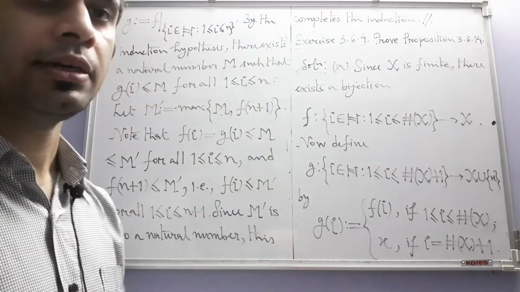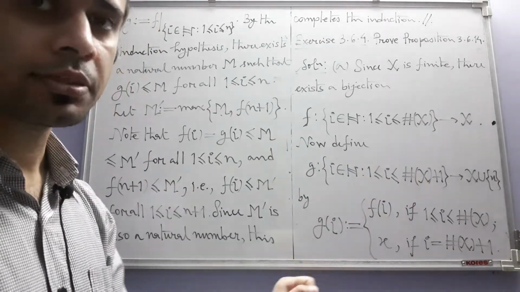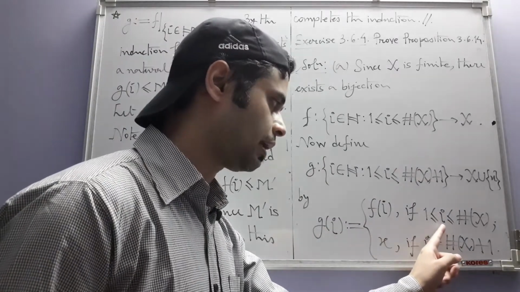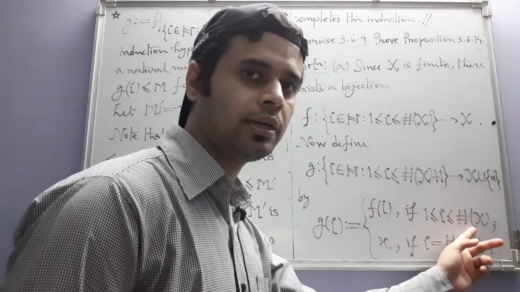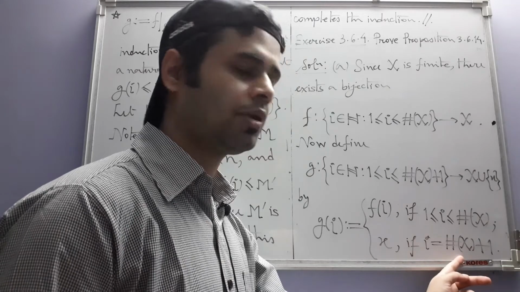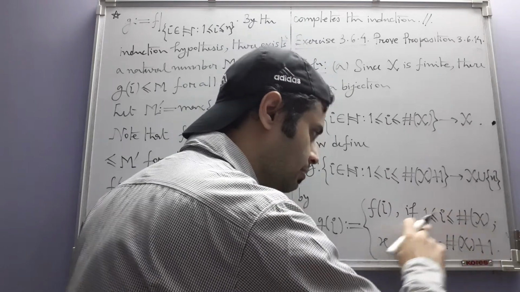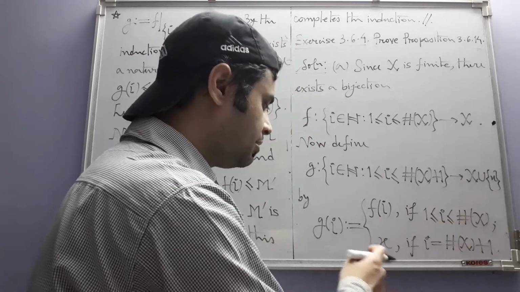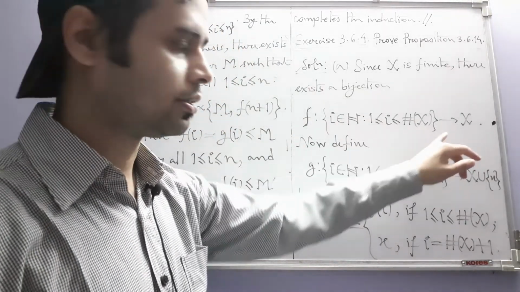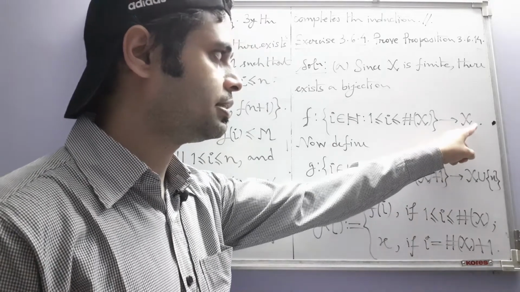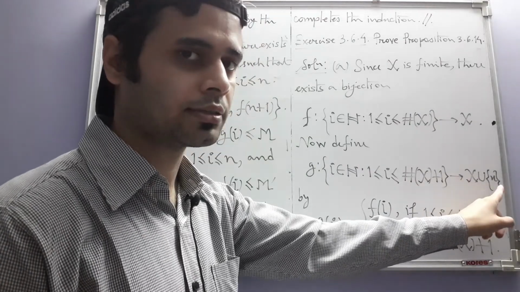Is this mapping well defined? That is the first question. You take any element in the domain of this map, say you take an I, that I will either lie between 1 and the cardinality of X, or I will have this particular natural number value. Say I is something here, then by definition g of I is equal to f of I. Since f is a well defined function, this f of I first of all is an element in X, and hence an element in X union x.